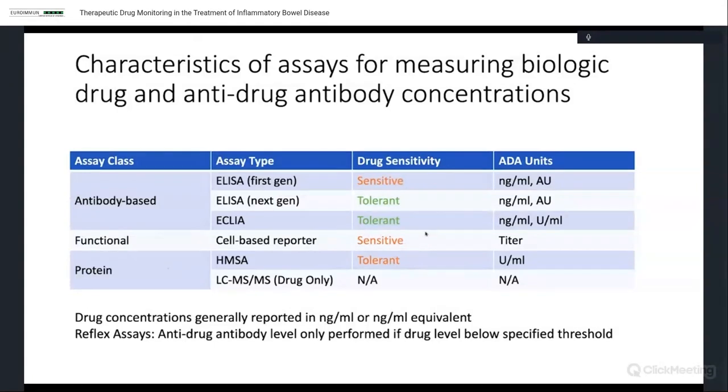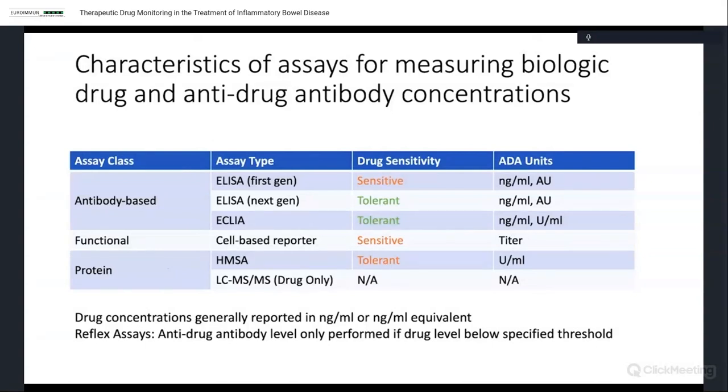Another important point I'd like to make is all these different units used for anti-drug antibodies. And there's a tremendous variation amongst assays in the sensitivity for anti-drug antibodies and how they're reported, which makes them difficult, if not impossible, to compare across assays.